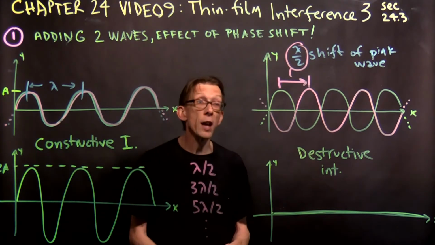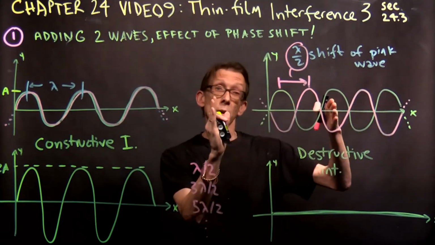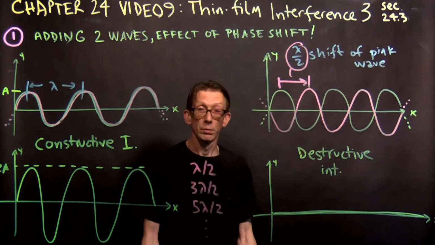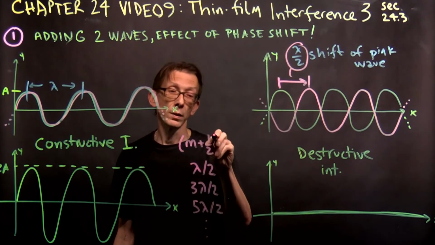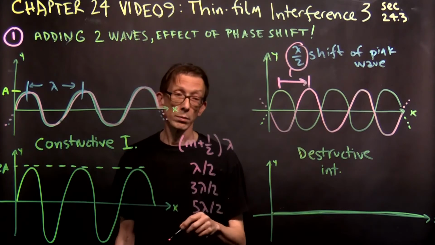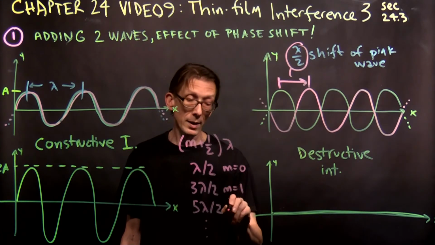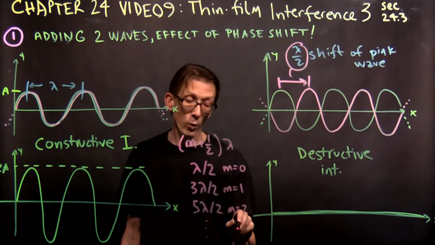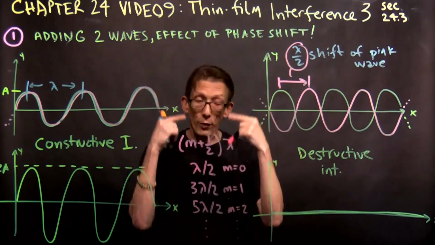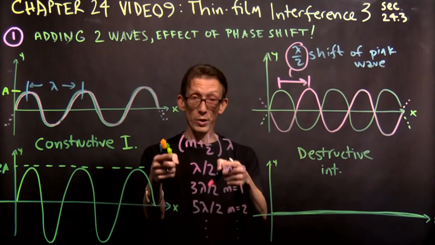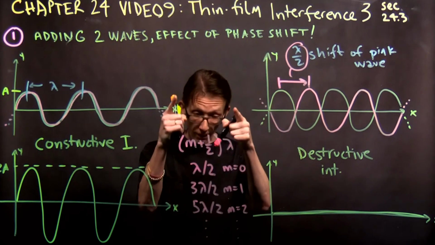So when you have an (m plus 1/2) lambda phase shift, this is the m equals 0 case, the m equals 1 case, the m equals 2 case, and so forth, for all values of m.